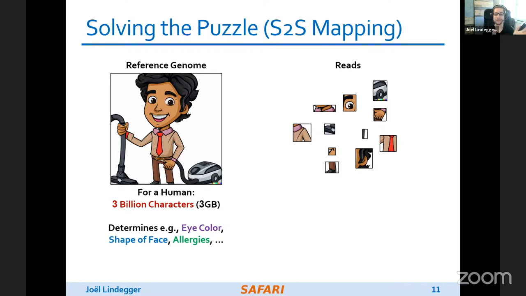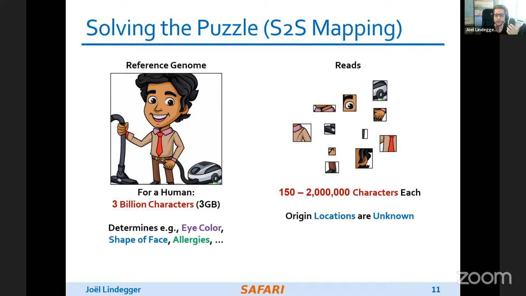But let's just follow the abstraction of the pictures for the moment. We're getting small fragments of the larger puzzle picture. Now, each of these fragments would be 150 to 2 million characters. And the key issue here is that the origin locations of each of these fragments is unknown.